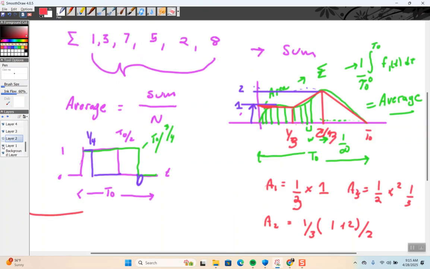But we've already, without math per se, intuitively found what the DC offset is.